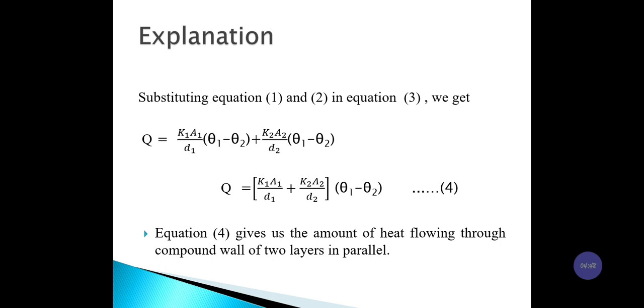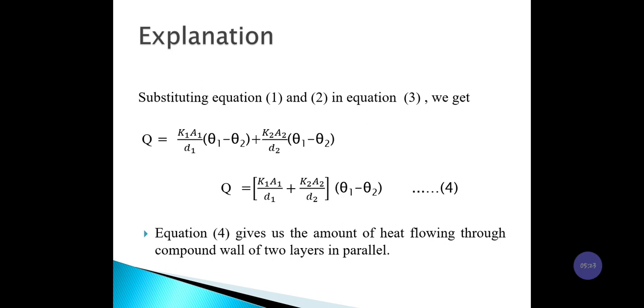From this equation we can take the common part, theta 1 minus theta 2, outside. So we get the equation Q equal to K1A1 divided by D1 plus K2A2 divided by D2 into theta 1 minus theta 2. Now frame this equation as number 4.